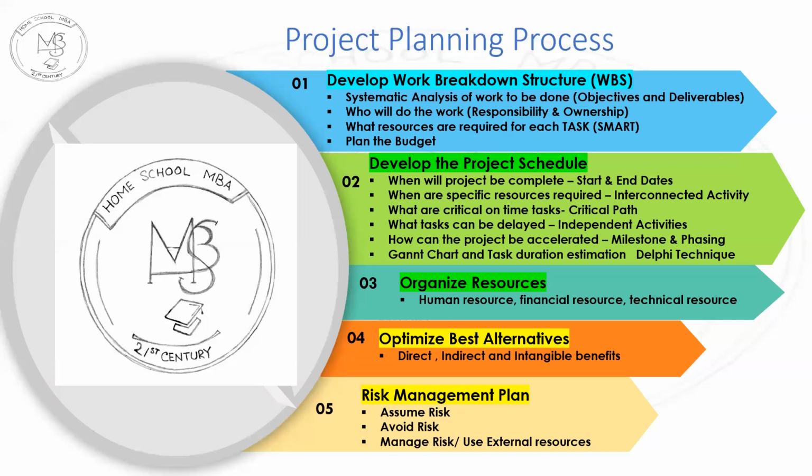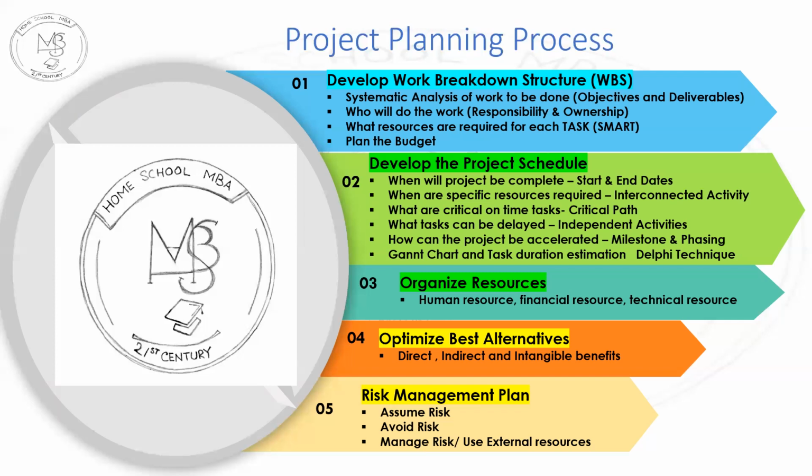Then the last but not the least, risk management plan. There are 3 different steps. Assume risk means that you judge various risks. What are the risks? Risk of disasters, risk of unseen situations, risk of inflation, risk of accident, and things like that.